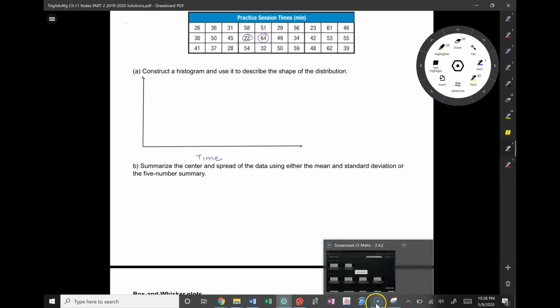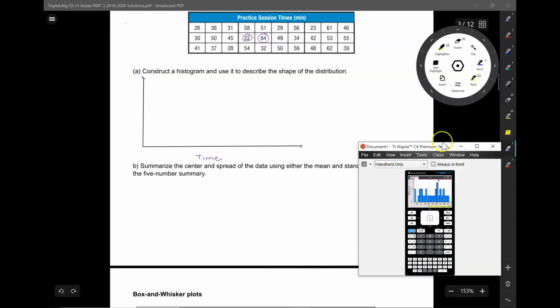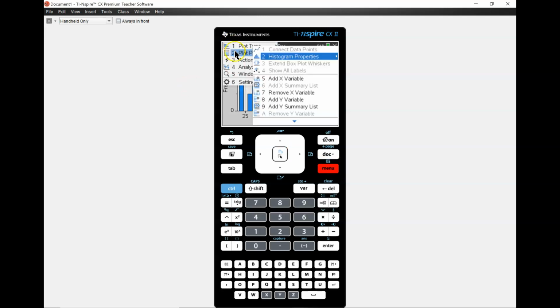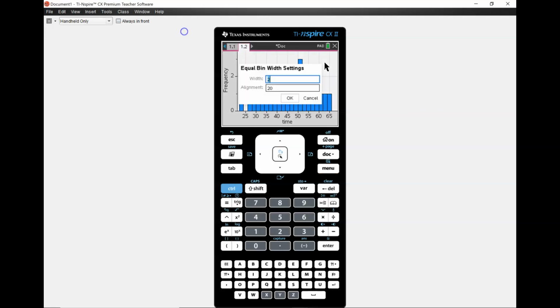So let's do that. We go to menu, plot properties, histogram properties, bin settings, equal bin width. I want to make it 5, and I do want to start with 20. Ooh, look at that, right?